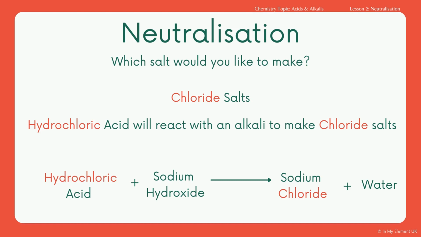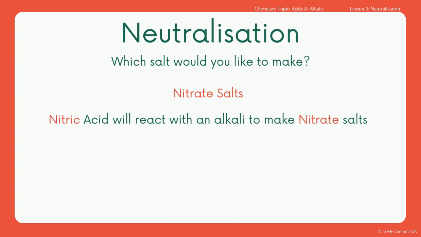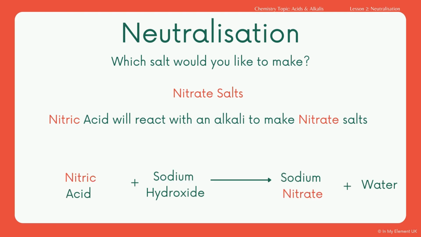So that's chloride salts. The next one is nitrate salts. Different acid this time, so it's nitric. Nitric leads to nitrate salts. Okay, so you will react your nitric acid with your alkali sodium hydroxide, and that will form sodium nitrate and water. So again, it's another neutralisation reaction.